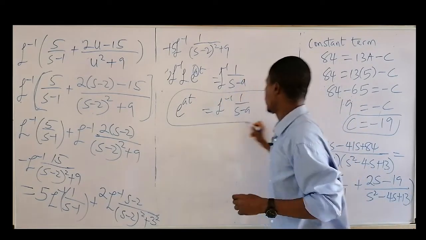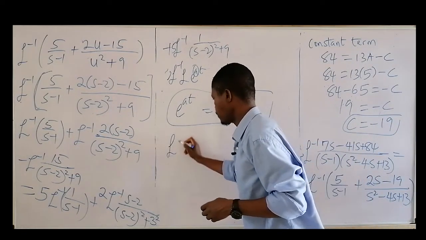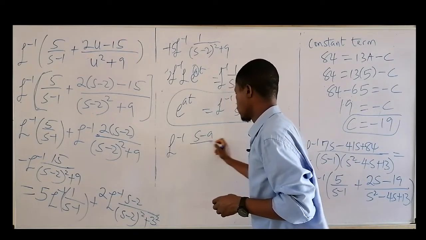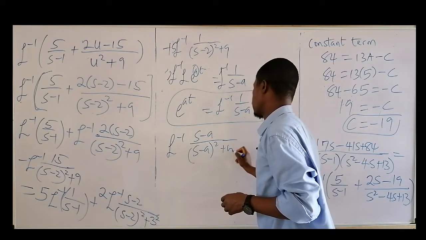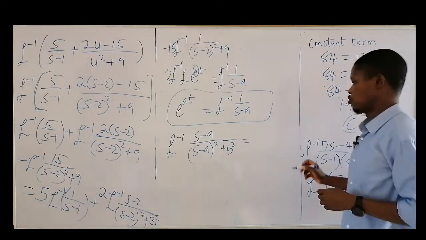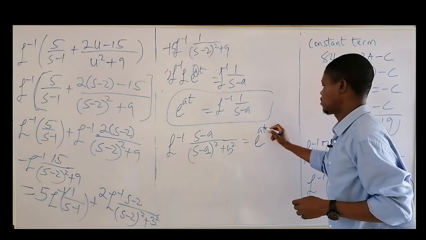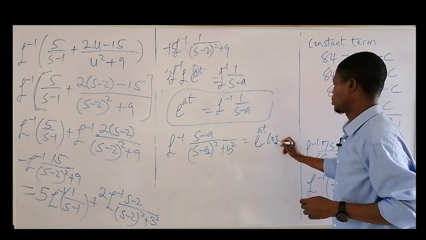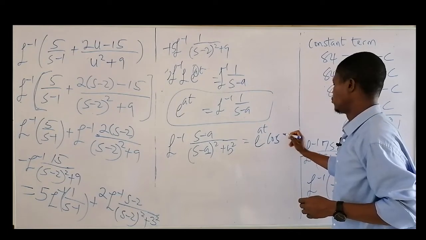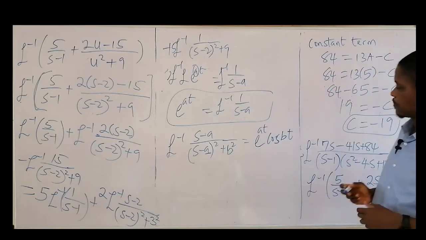So this is clear. Another table we need to note is the inverse of (x minus a) over (x minus a) squared plus b squared. This will be equal to exponential at, and once this and this are the same, that will be cos bt.